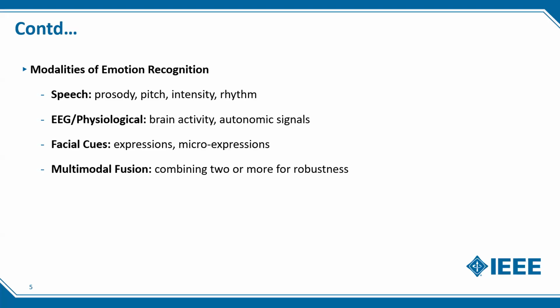And coming to facial cues, they contain expressions and micro expressions. Expressions capture the general conscious emotional state of a person, say, for example, when we are laughing or smiling. What is the difference between expressions and micro expressions? In most emotion recognition systems, we are interested in micro expressions rather than expressions.